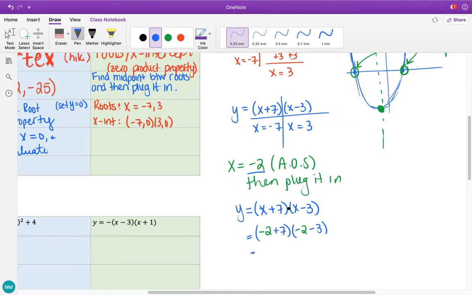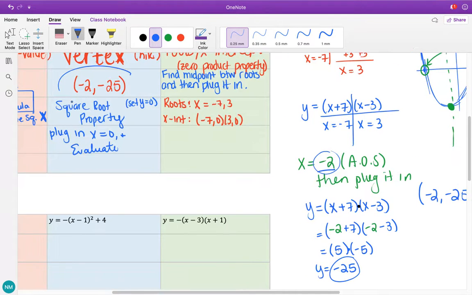Negative 2 plus 7 is 5. And then negative 2 minus 3 is negative 5. So 5 times negative 5 is going to be negative 25. So here's my x and here's my y. So my vertex is going to be negative 2, negative 25, which should be the same thing, which it is.